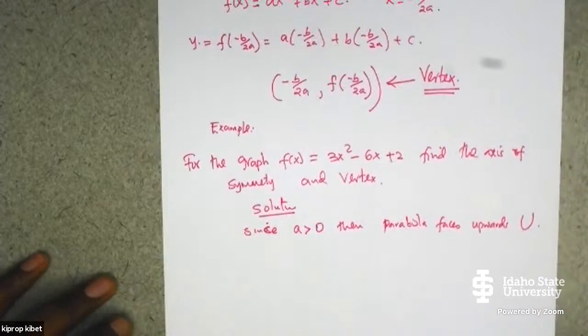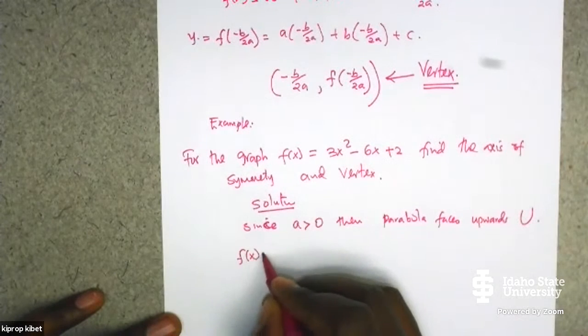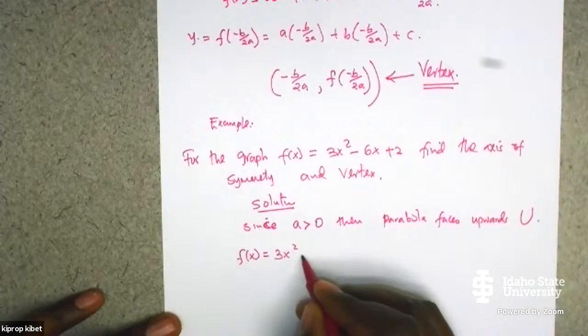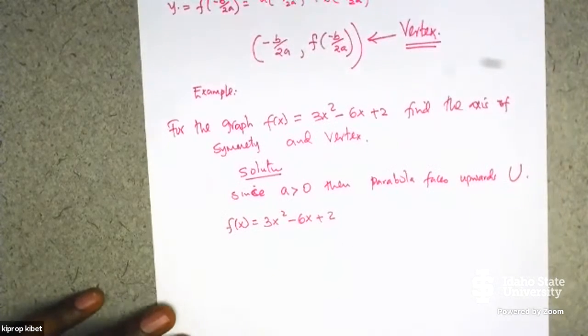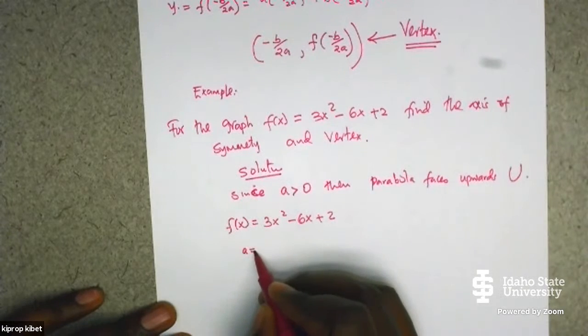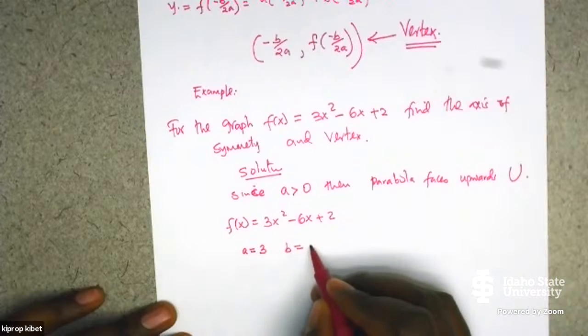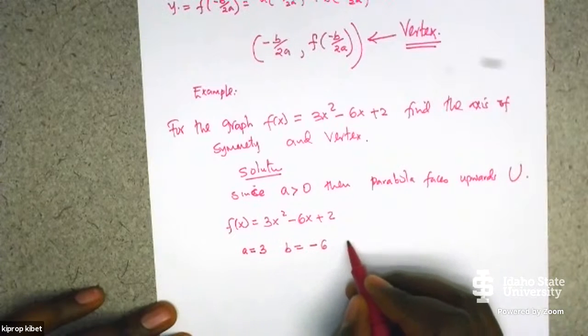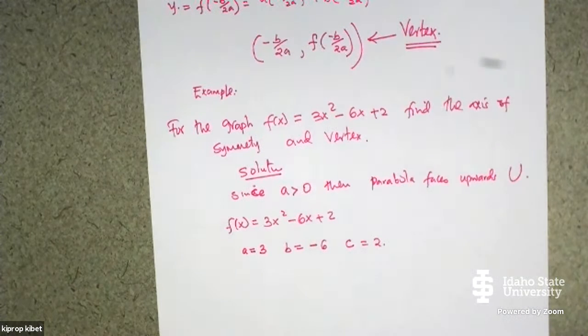Now, what is the axis of symmetry? We have this function f of x equals 3x squared minus 6x plus 2. So our a here is 3, our b is minus 6, and our c is equal to 2.